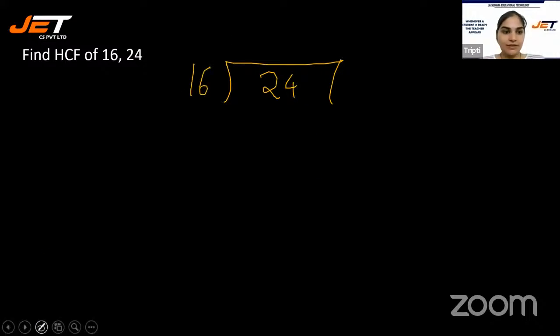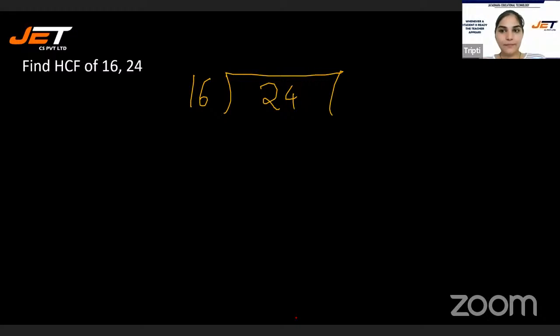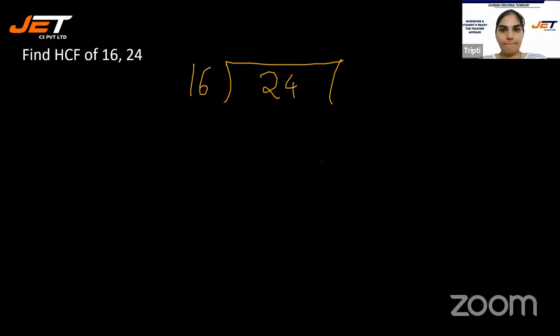All right, we'll do one more question of HCF, 16 and 24. 24 is greater than 16, so that will be the dividend, and 16 is the divisor. Please do it. So 16 times 1 is 16.